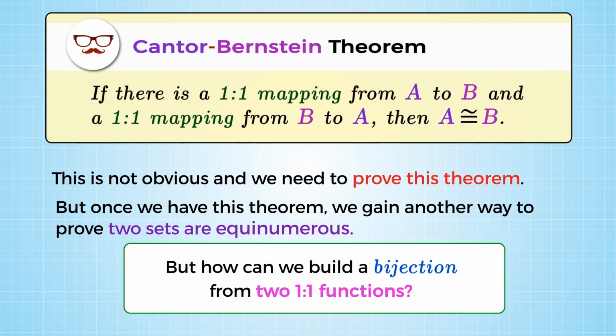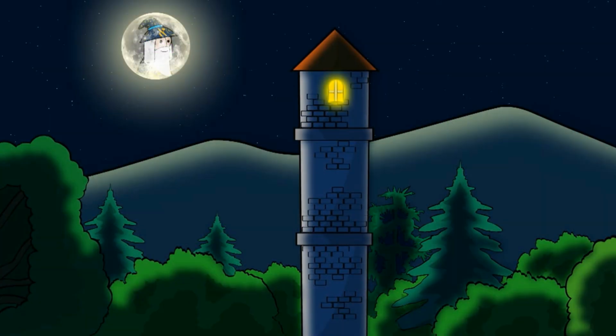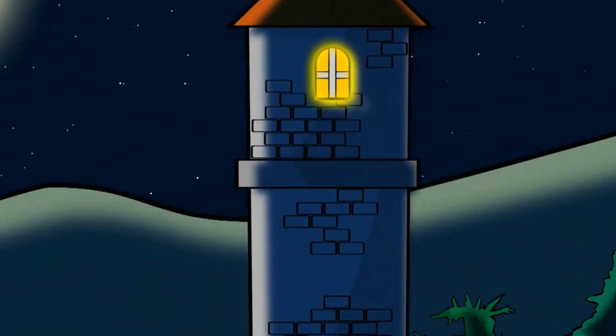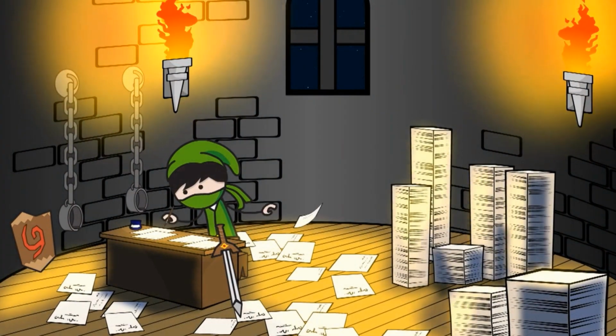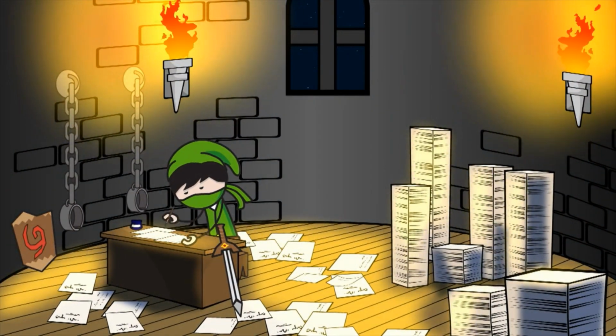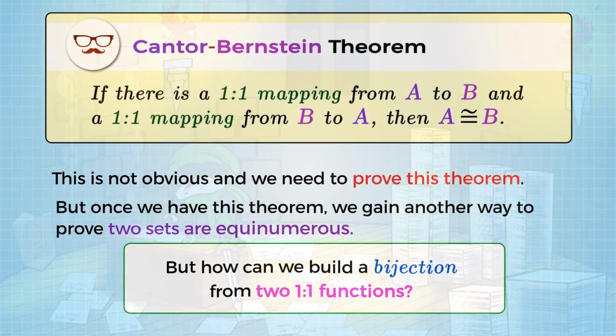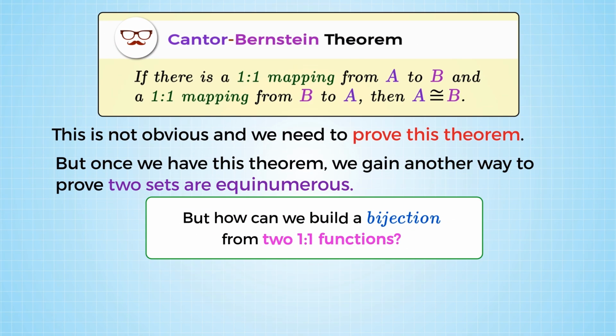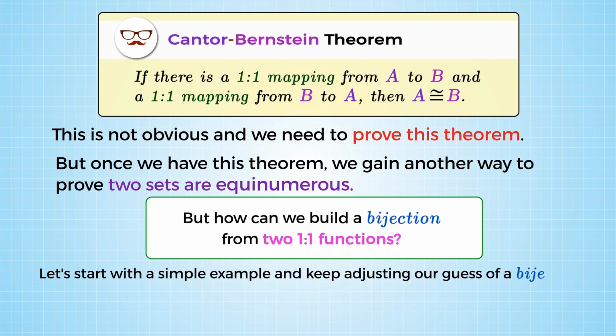But how can we build a bijection from two given 1-to-1 functions? It's absolutely not obvious. But to quote the math wizard, Math mantra: most mathematics comes from being locked in a room and wasting tons of paper. So let's start with a simple example and keep adjusting our guess of a bijection.